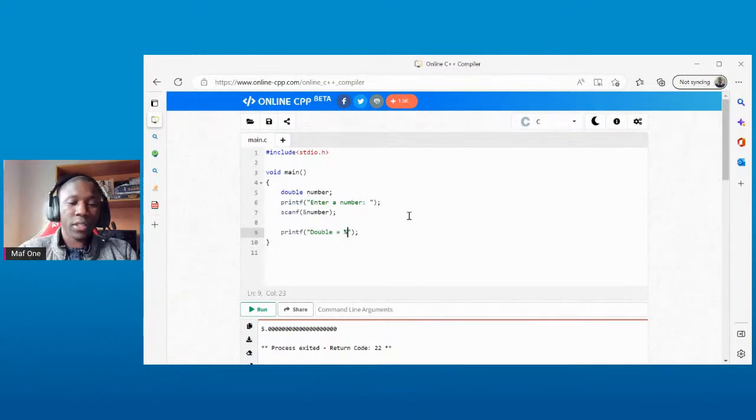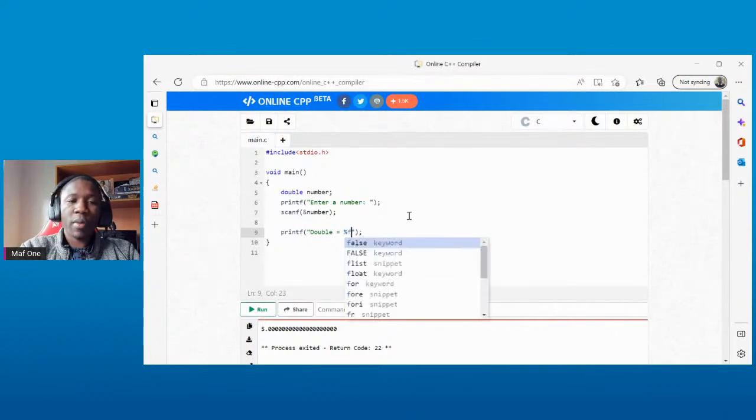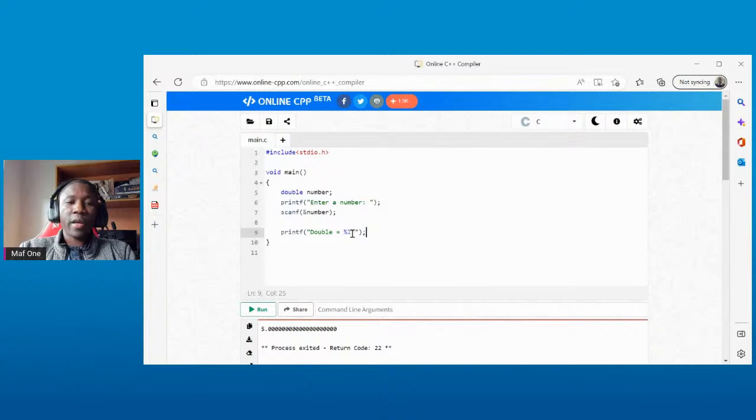Which value? This is a float, but not a single float. This is a long float because it's a double. And then in here we are going to put the second parameter, which is the double of the number. Number multiplied by 2. Number times 2 is the double of the number.